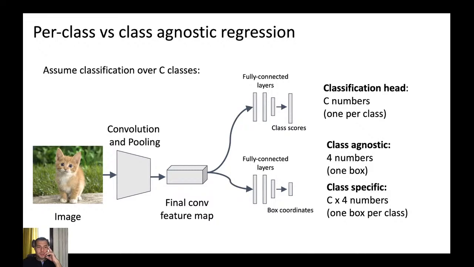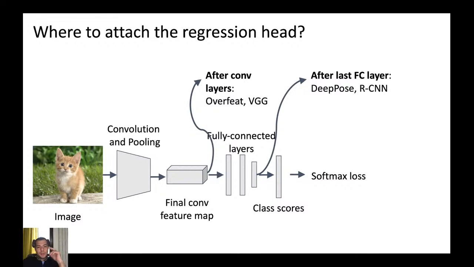So instead of just predicting 4 numbers, we modify the regression head to predict the number of classes times 4 numbers, which means that it will predict a bounding box for each possible class. So this is another option which was proposed in the literature.